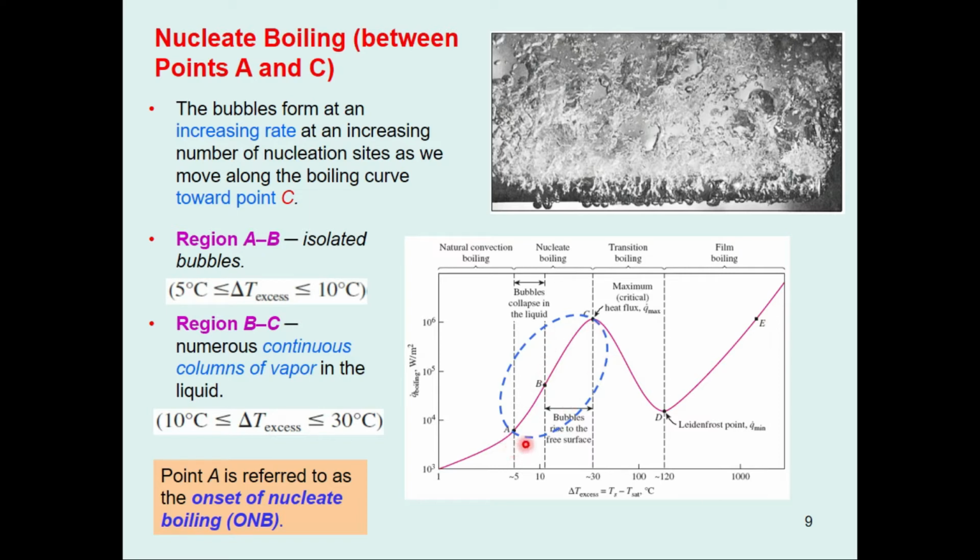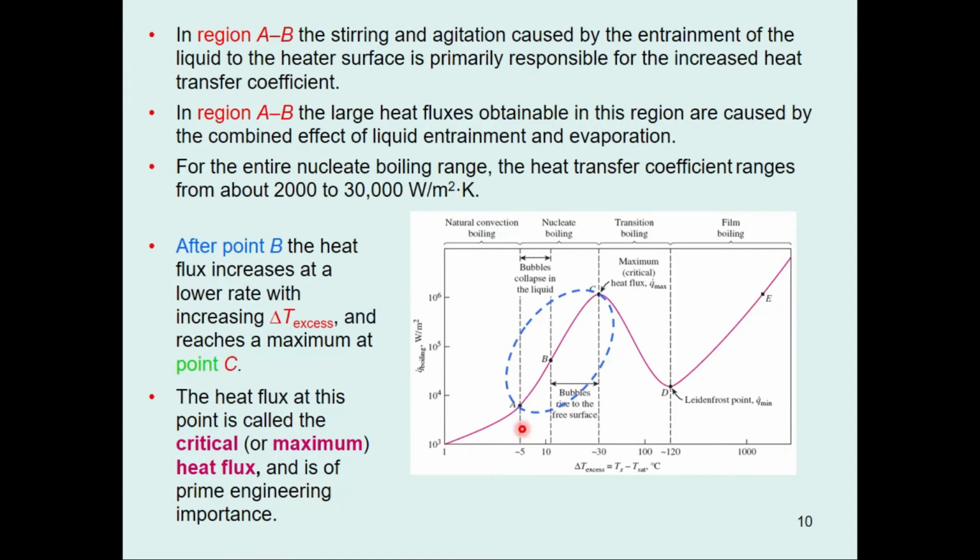So the point A is known as the onset of nucleate boiling, ONB, which means the starting of the bubble formation at the heating surface during the pool boiling process. In the region A to B there is some sort of stirring and agitation, right?